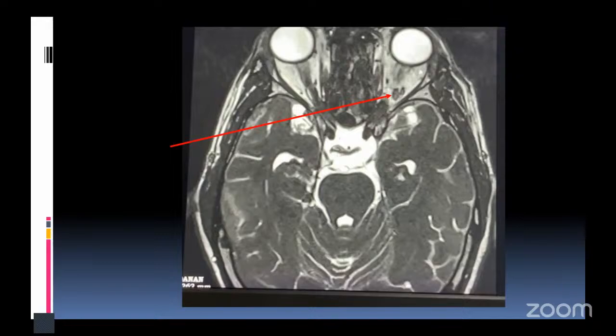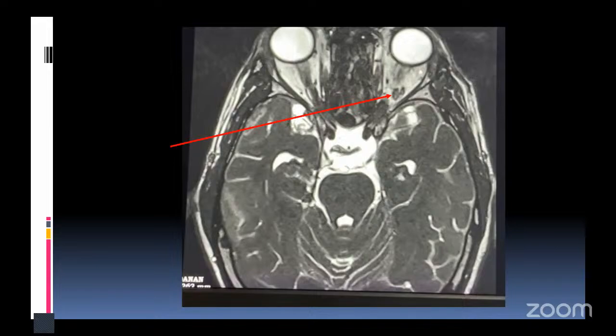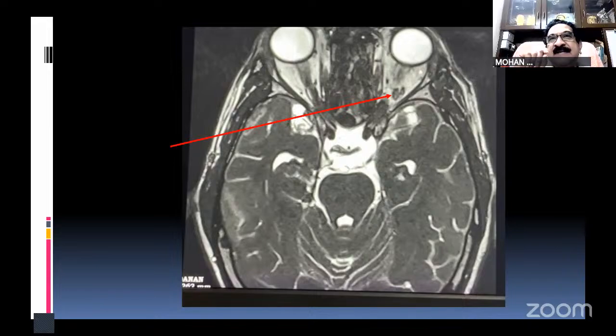CT brain. But CT brain for what? We have already found a lesion there. Contrast was done. That lesion was not enhancing. In fact, I forgot to show that. It was not showing much contrast enhancement.